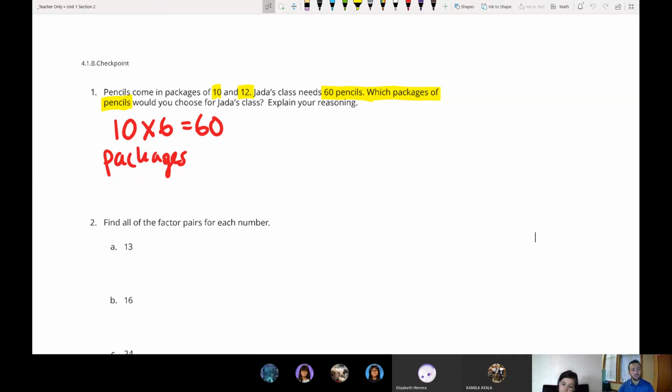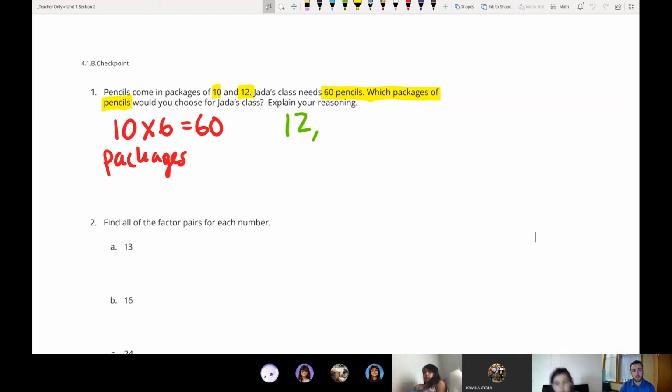Nice work. Could we choose packages of 12 for this class? What do you think? No, because it goes over 60. Goes over 60. How could we check and see if 12 goes into 60 or not? What do we do? Skip count by 12. Okay, skip count by 12. You want to help me do that? Sure. 12, 48.